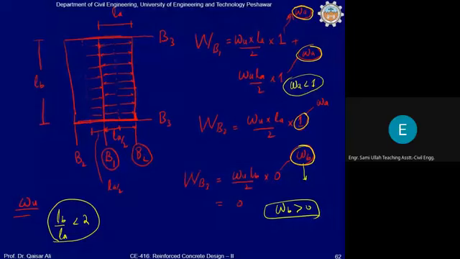So this is how you can calculate the load acting on the surrounding beams of a two-way slab panel. You have to first of all calculate these load coefficients, and from these load coefficients you can calculate the load acting on the beam.